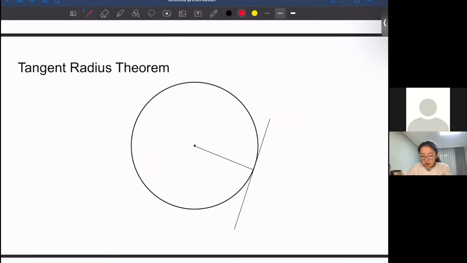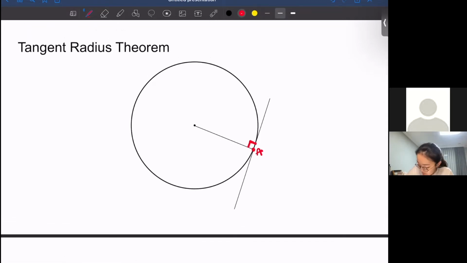So we need to know what a tangent is. A tangent is a line that intersects with the circumference of a circle only once. The point where the tangent meets the circle is here. A radius that has its endpoint on the intersection between the circumference and the tangent has a perpendicular relationship with the tangent itself.